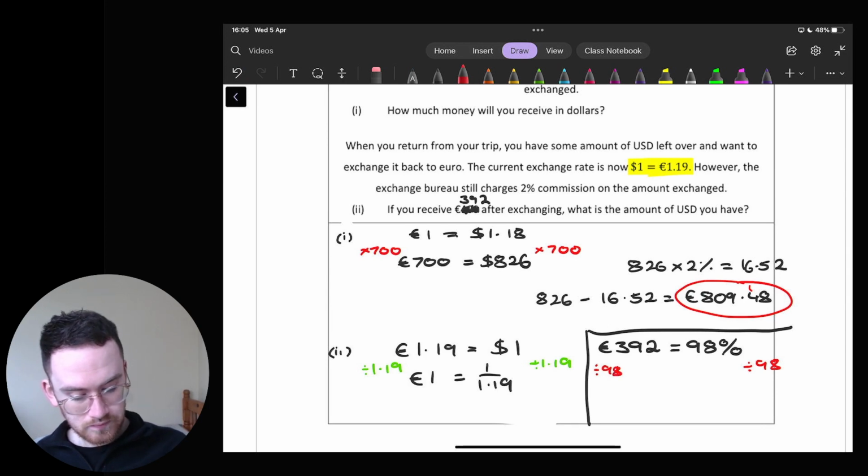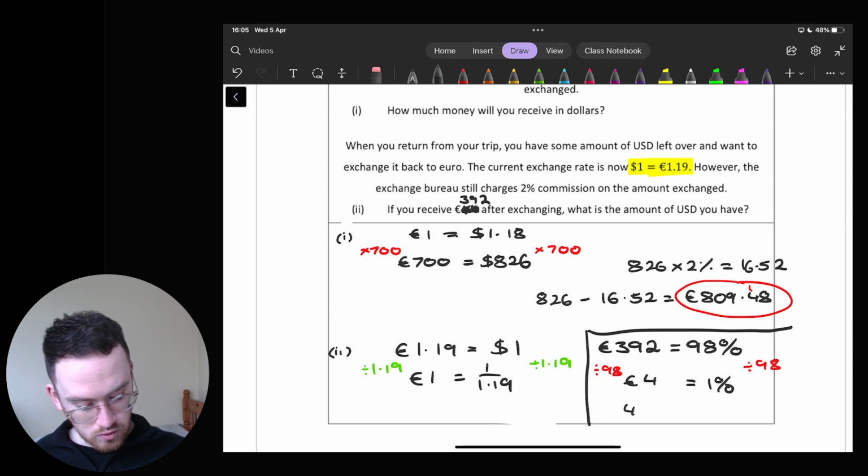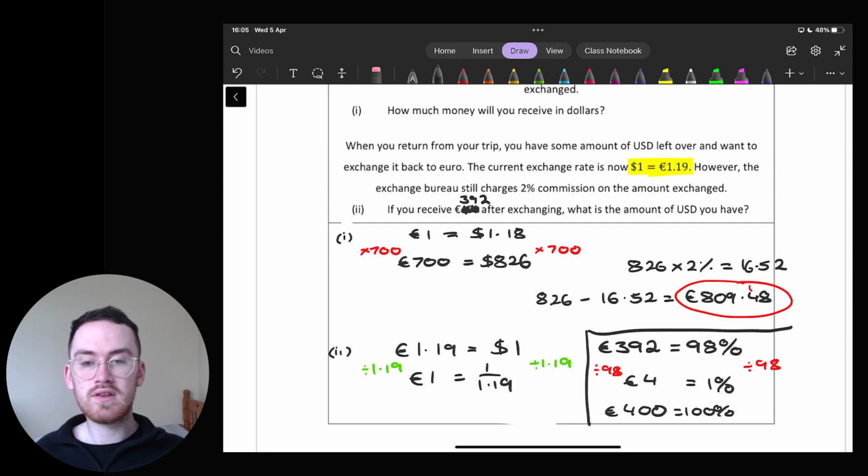So 1% here is 392 divided by 98, which is €4. So 100% would be €400. That means what I came home with was €400. I got 392 after having exchanged it all, but the value of what I came home with was €400.